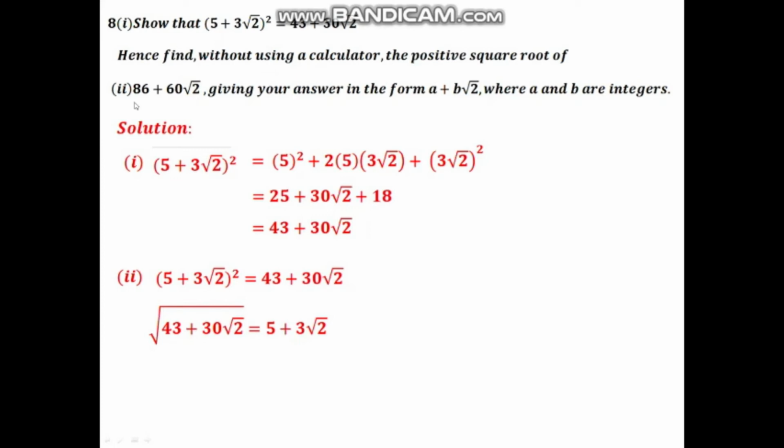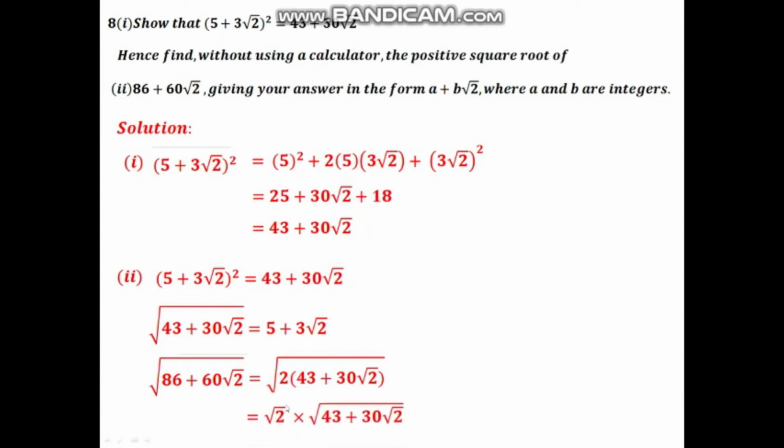86 + 60√2. I can rephrase it as 2 bracket 43 + 30√2. And then here, we can actually split into two parts. One is √2, and the other part is the square root of 43 + 30√2.